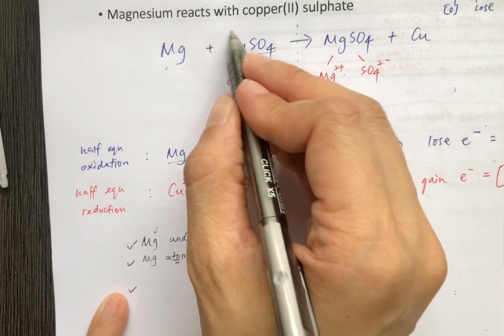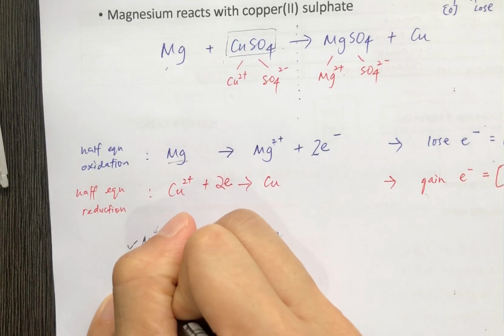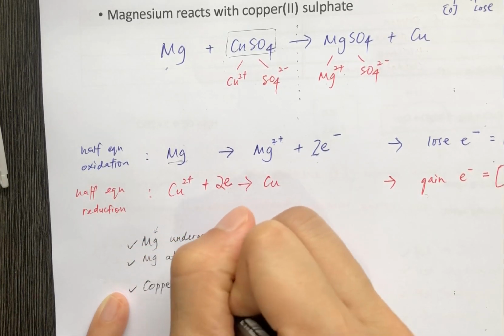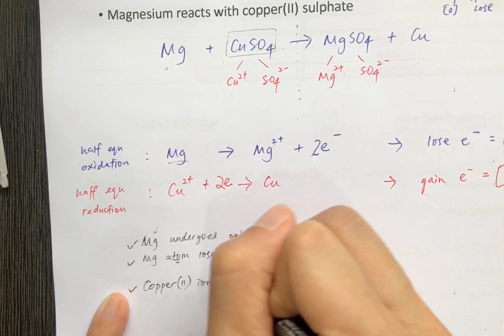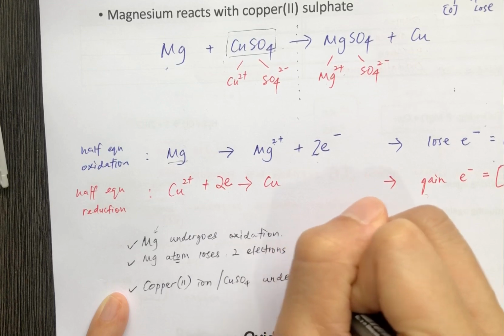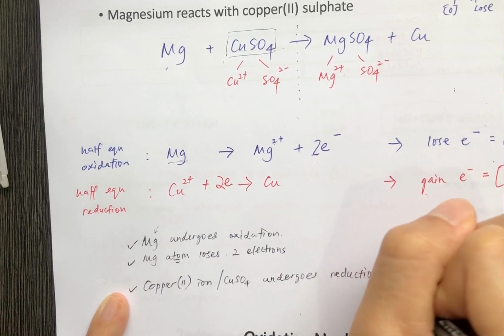On the other hand, who undergoes reduction? The copper(II) ion, or you can write copper(II) sulfate, undergoes reduction.